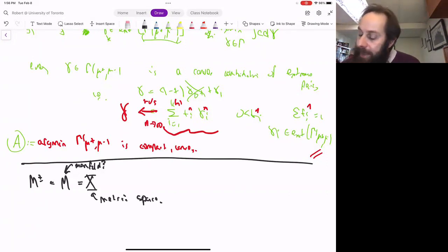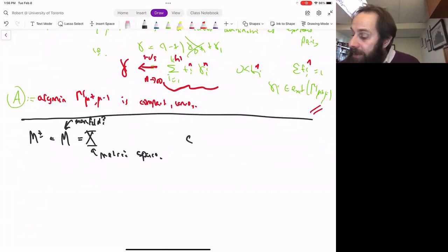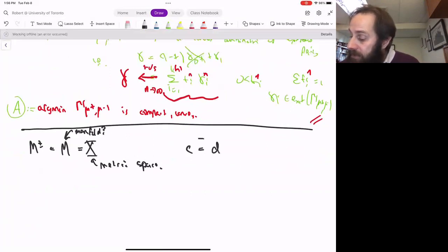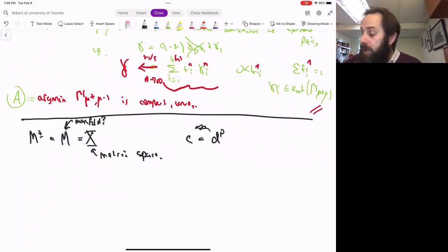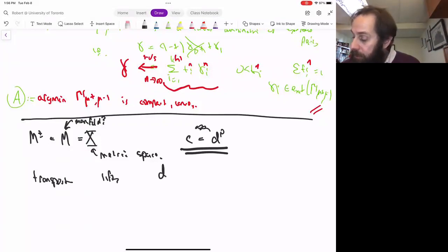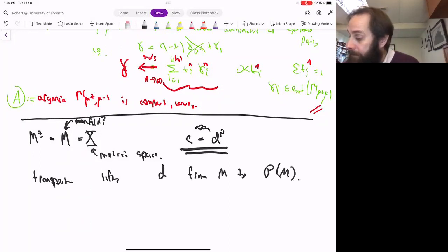I want to come back to thinking about the case where the cost is either the distance or the Pth power of the distance, and using the transportation cost to define, so transportation lifts d from M to the set of probability measures on M, a metric on the set of probability measures.